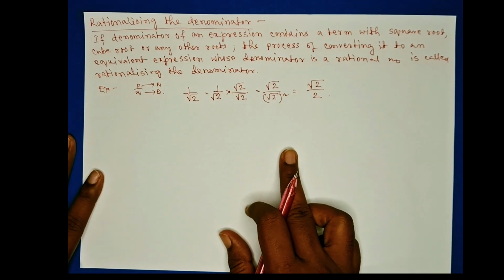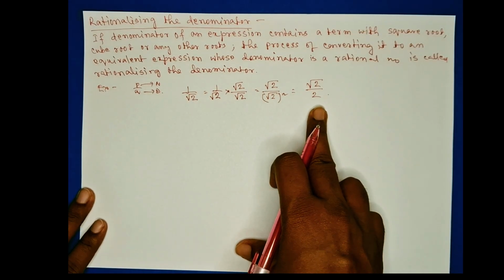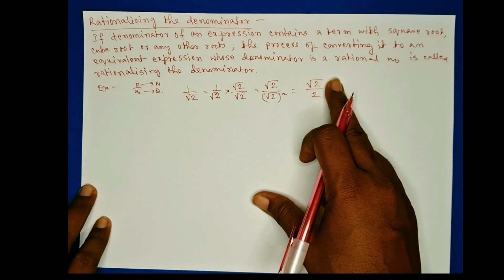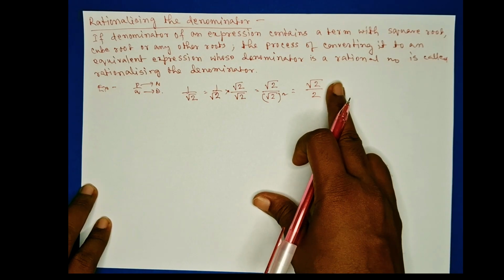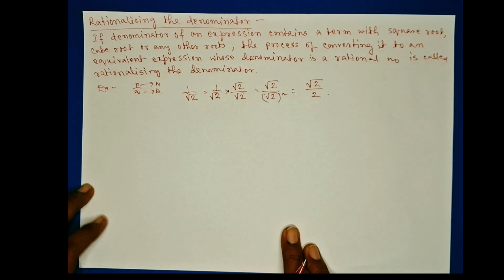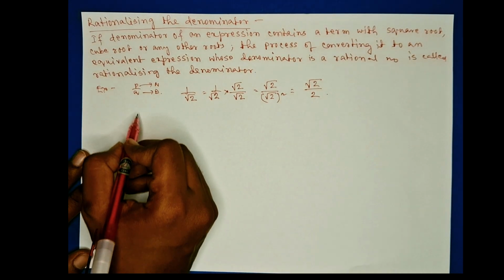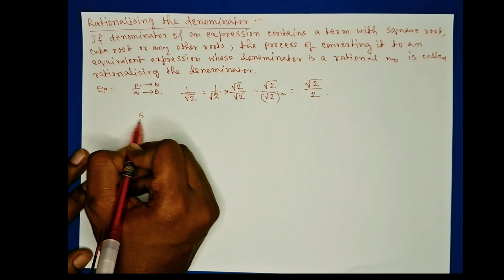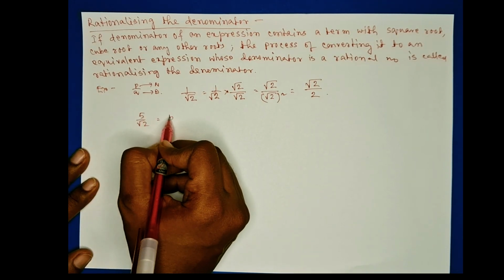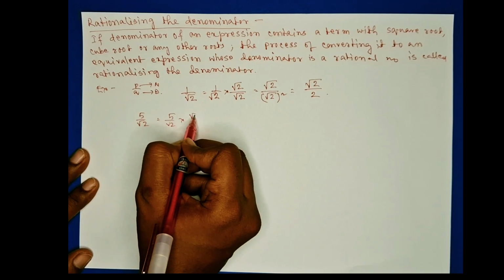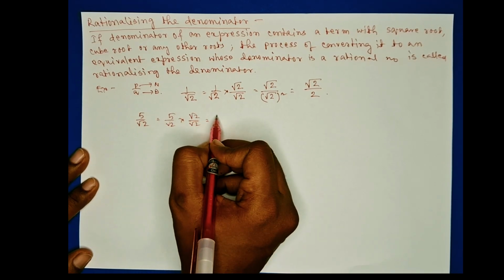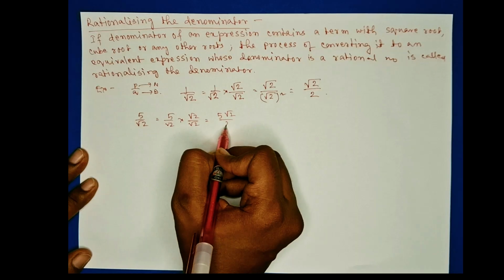Now you can see that the denominator becomes a rational number, and the numerator becomes an irrational number. In the same way, if I get 5 by root 2, I can write it as 5 by root 2 into root 2 by root 2. So this will become 5 root 2 by 2.